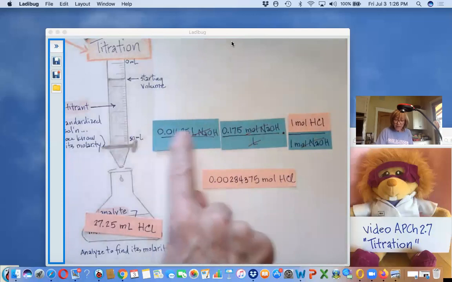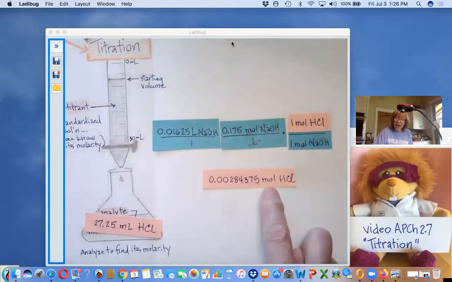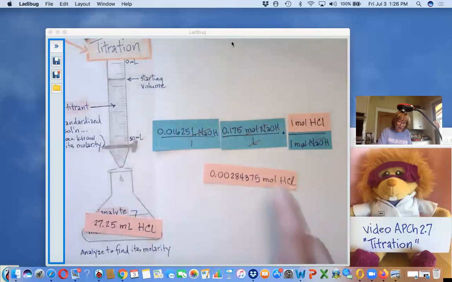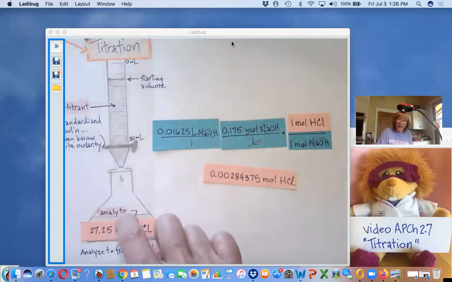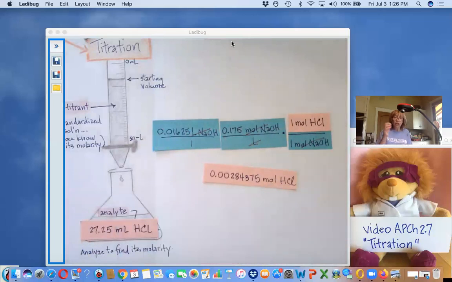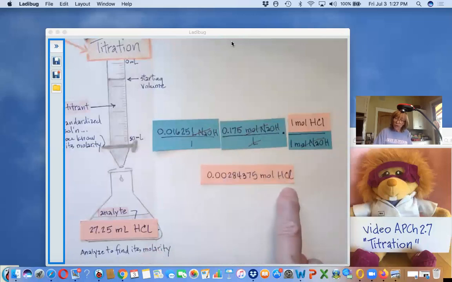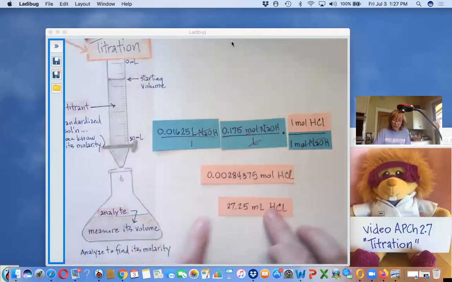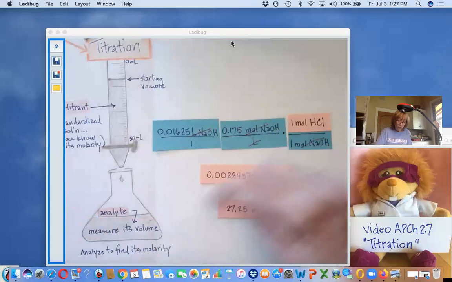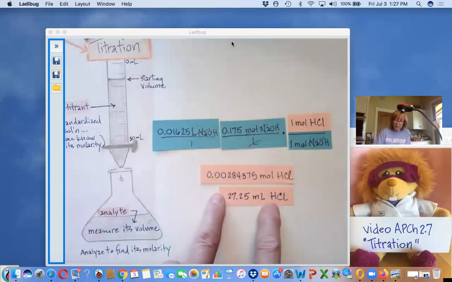Okay, so this calculated answer is how many moles of HCl down here in the flask just got consumed by the sodium hydroxide. But I want to know molarity, and molarity is moles divided by liters. Okay, so these moles were in this sample. The sample occupied this many milliliters.